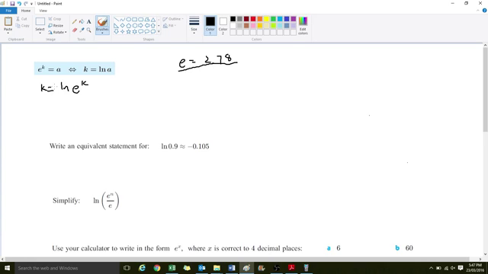There's one more thing we can deduce as well. Here we have k is equal to ln a. So let's put this value for k into this equation here. We're going to have e to the power of ln a is equal to a.